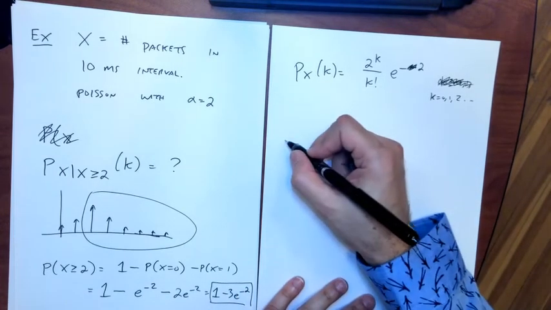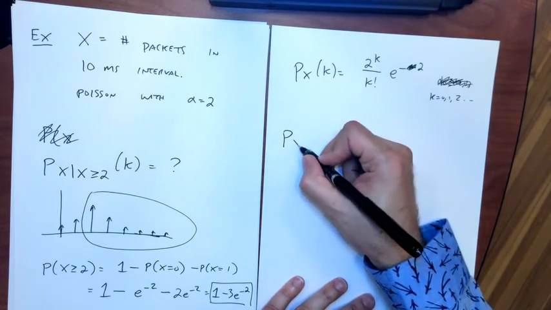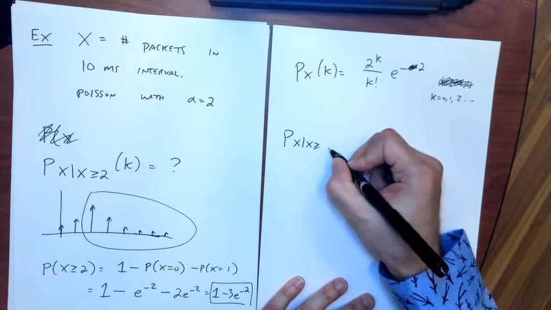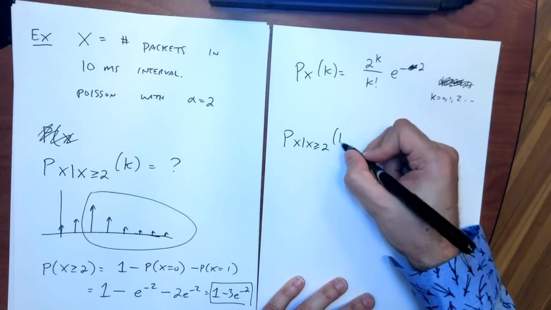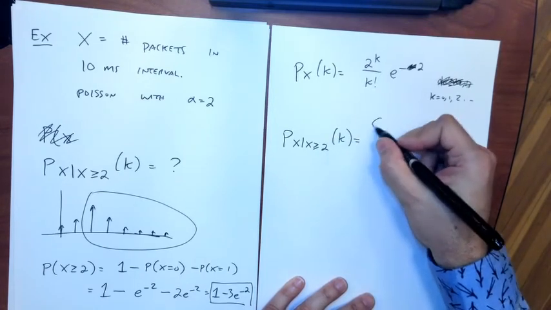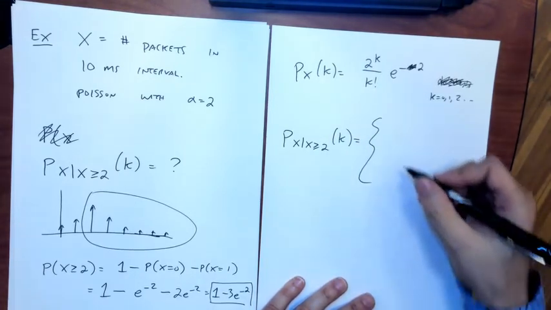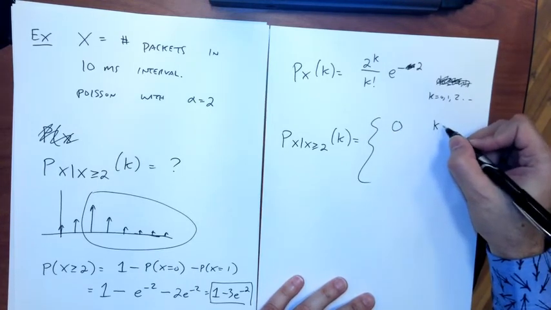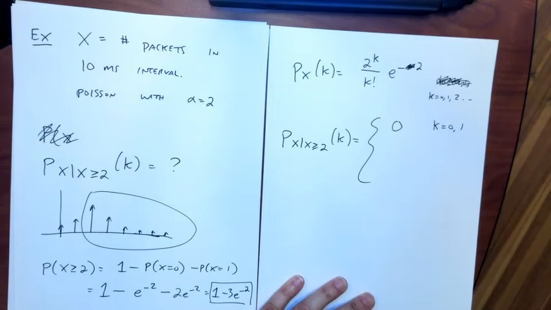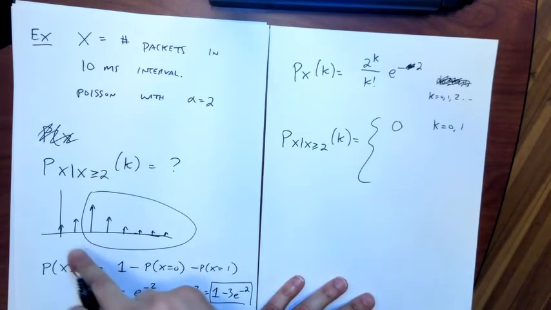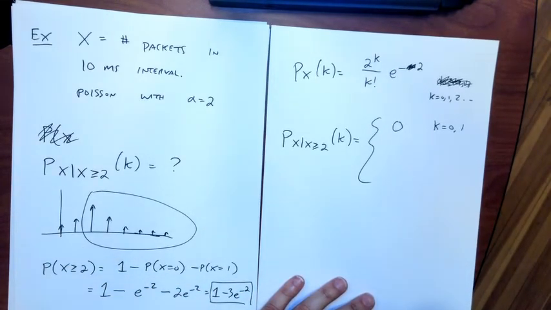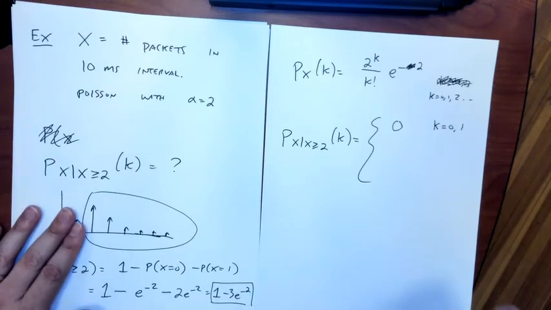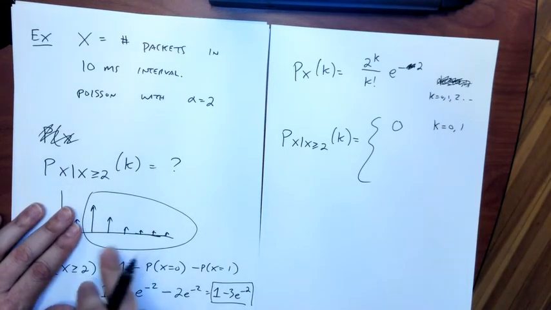And then the probability here is going to be 0 if k equals 0 or 1, because I already told you it's not one of these values. Now if I told you it's not one of these things, I just have to rebalance these arrows by this factor.